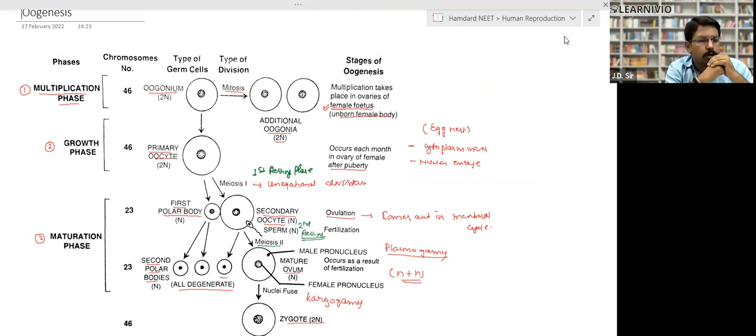So can you tell me, Aisha, what is the difference between spermatogenesis and oogenesis? Or what is the difference between gamete formation in a male and gamete formation in a female? Any idea? Shall I type or message?